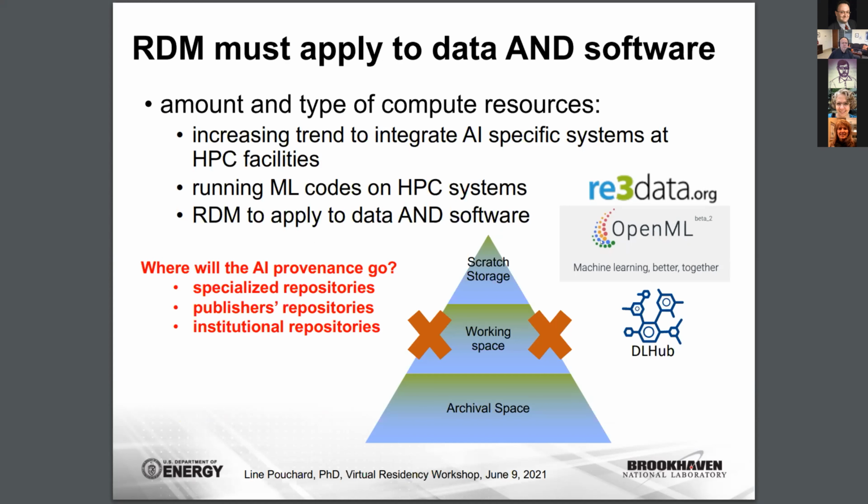So where will the AI provenance go? Is it going to go in specialized repositories? Is it going to go in publishers' repositories or institutional repositories? And this is the question, obviously, for the future and for the debate. Thank you very much.